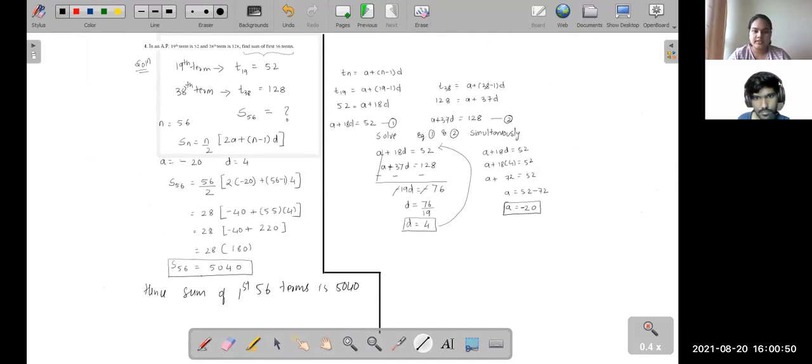First do this part. Write what is given, then this simultaneous equation part, and then come to Sn. Understand each and every step and write. If you're not understanding, if you missed any step, you can ask me.